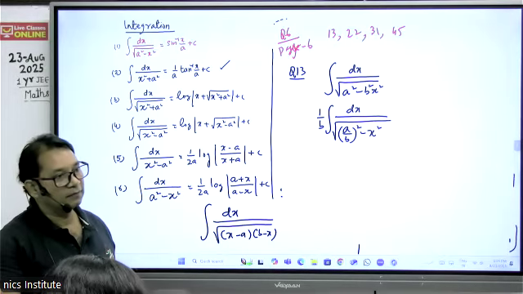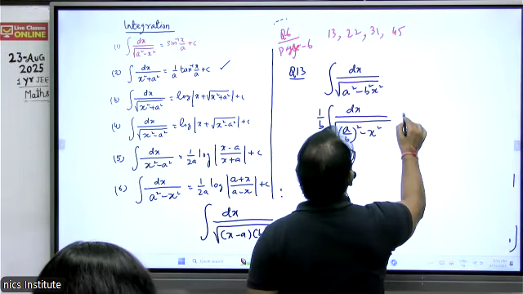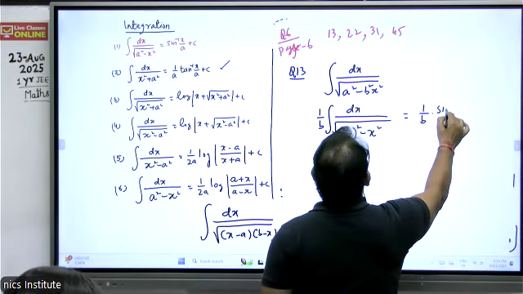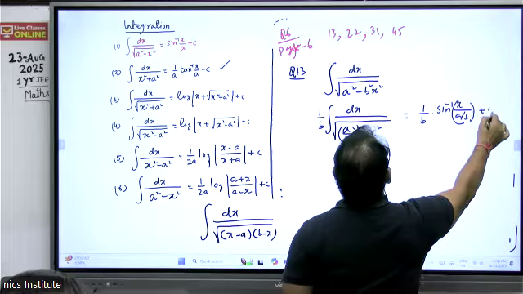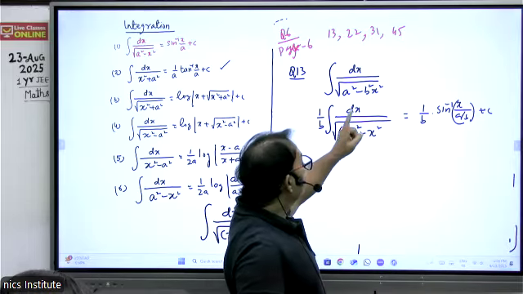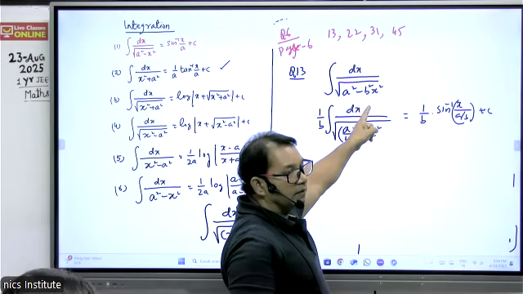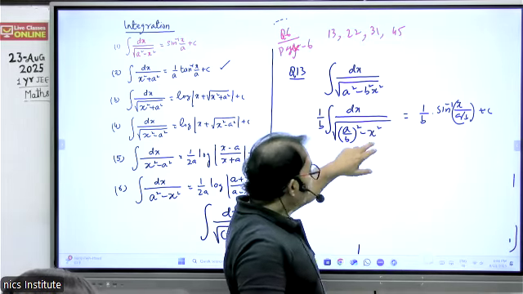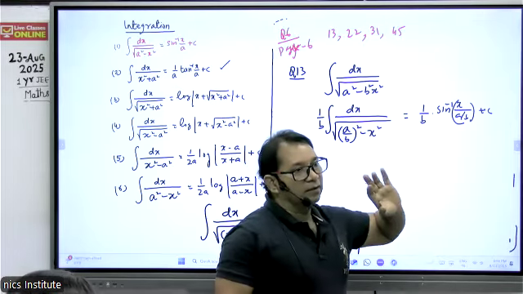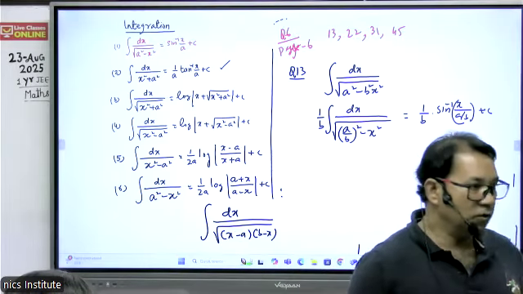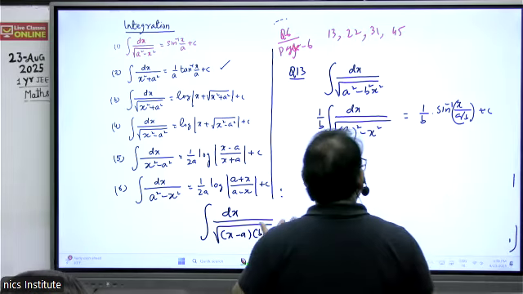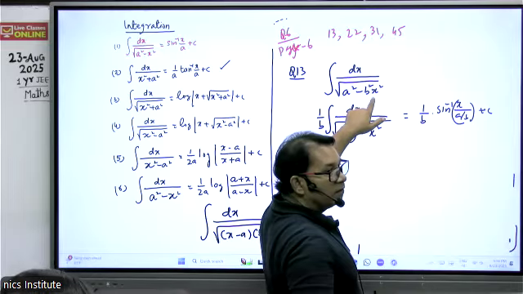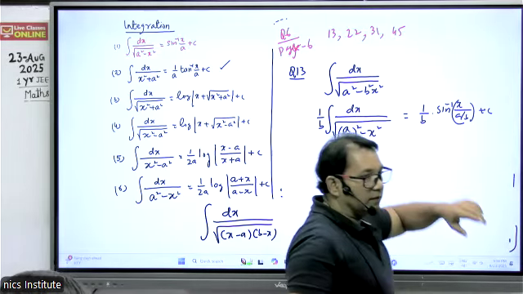The first one, a square minus x square. So 1 by b sine inverse of x over a by b. You can do it otherwise, but in that case you'll forget to divide by b because of the coefficient of x. That is why you should make the coefficient of x square as 1. Otherwise you'll forget to divide. So it is better to ensure that the coefficient of x square is 1. Only b, only the coefficient of b. We divide by the coefficient of x.